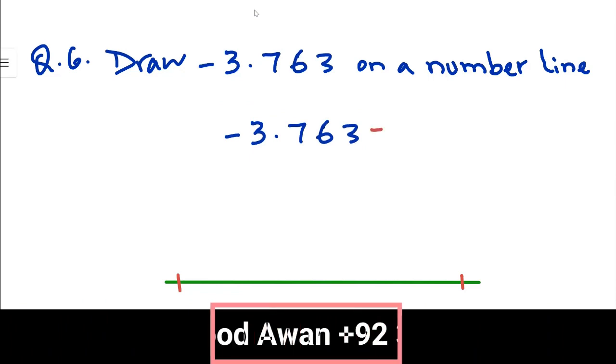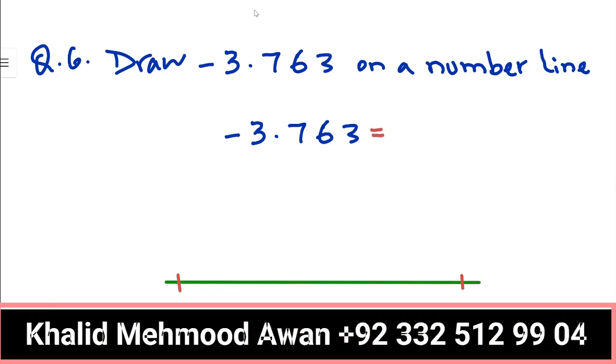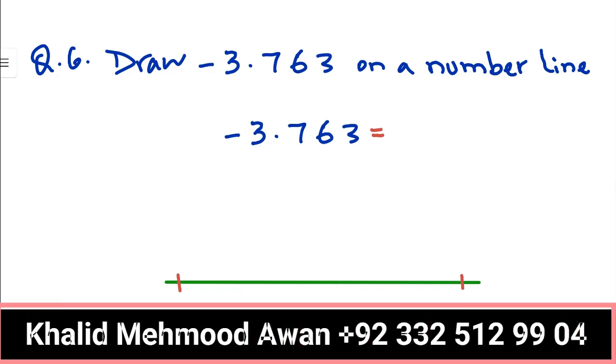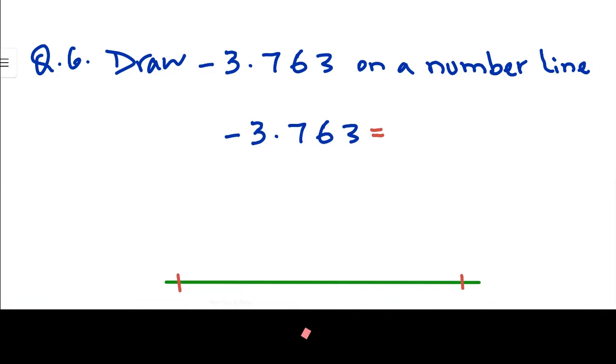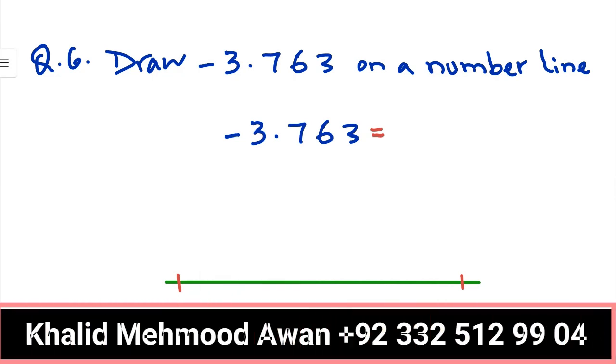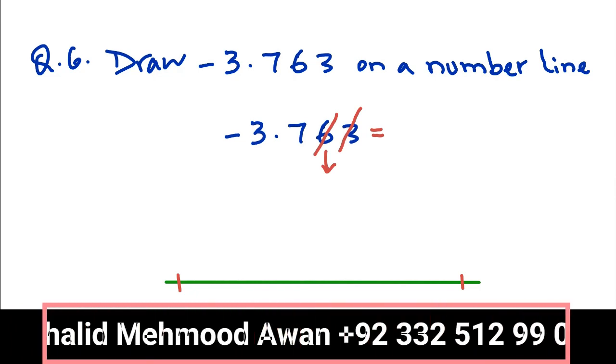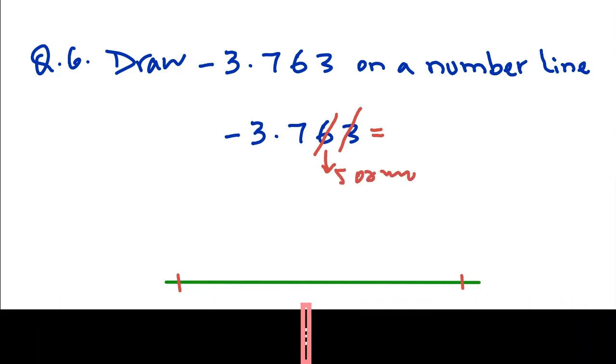So we'll be rounding it off up to the tenths place. What will we be doing? We'll remove the digits after the tenths place, and we see that the first removed digit after the tenths place is five or more.